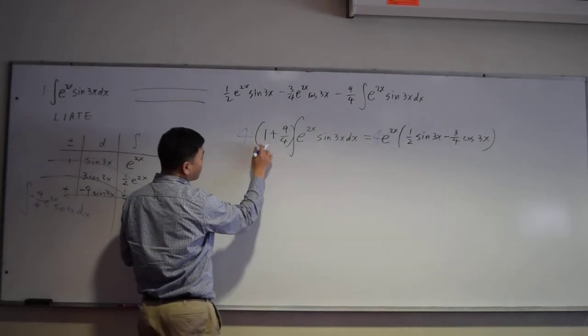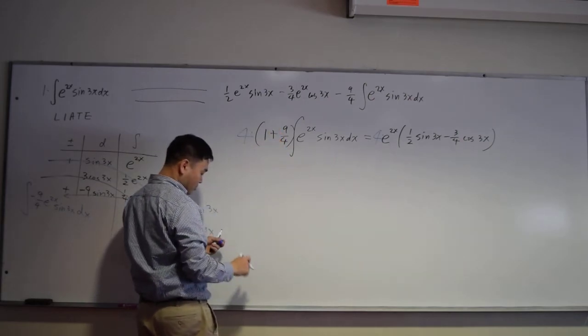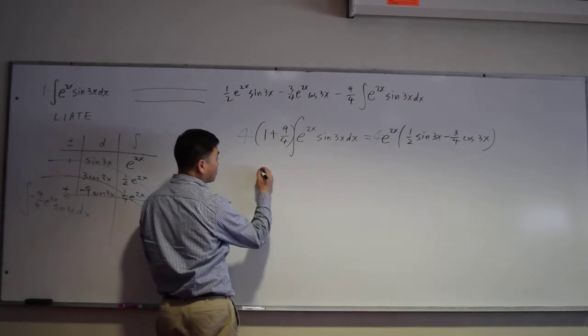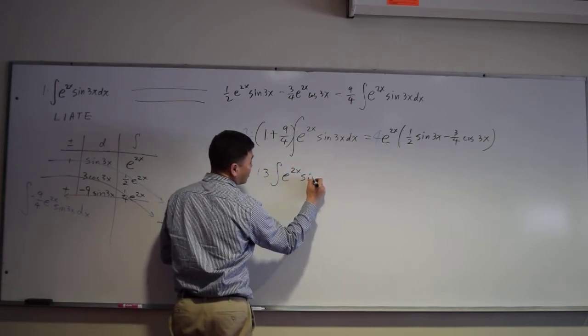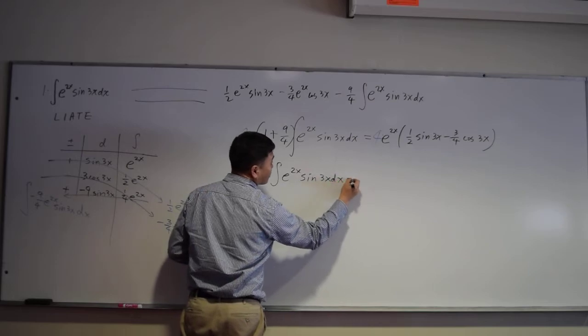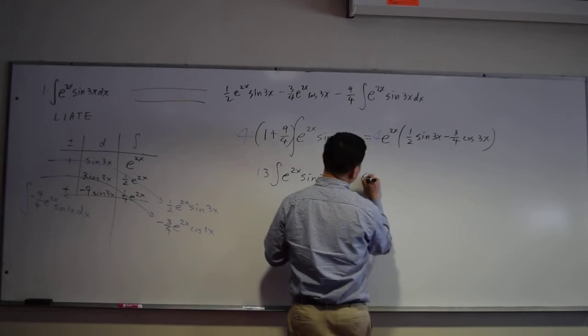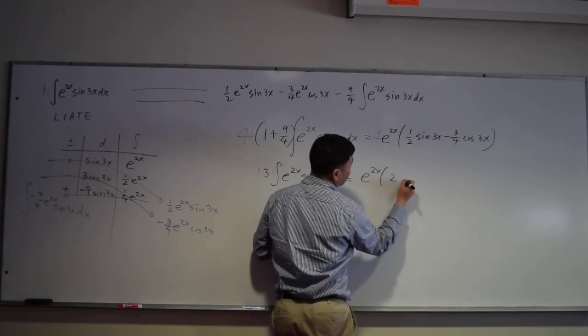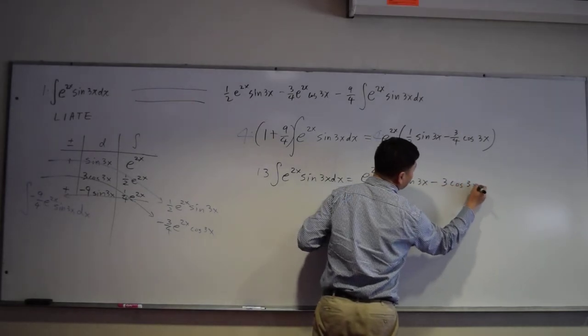So that 4 times 1 is 4, and 4 and 4 will cancel, giving you 13 for the first one, right? You get 13 times the integral of e to the 2x sine 3x dx. And when 4 is multiplied to each individual one, you get e to the 2x times 2 sine 3x minus 3 cosine 3x.